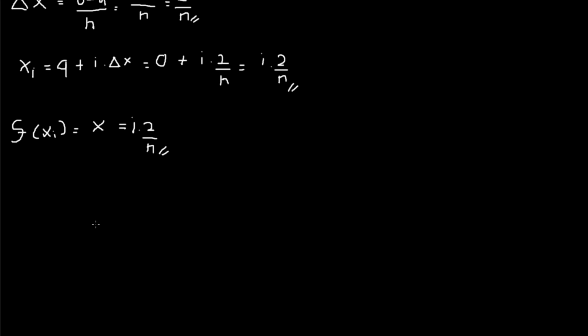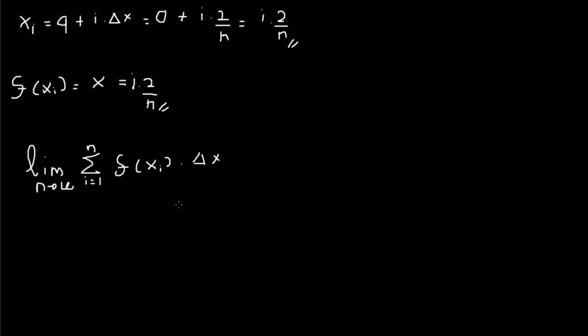So now we basically go to the last step of the Riemann sum theorem. The Riemann sum theorem goes like this: the limit as n goes to infinity of the sum from i equals 1 to n, n being the number of rectangles, but we are not going to replace this i with 1, of f of xi times our delta x, which is 2 per n.